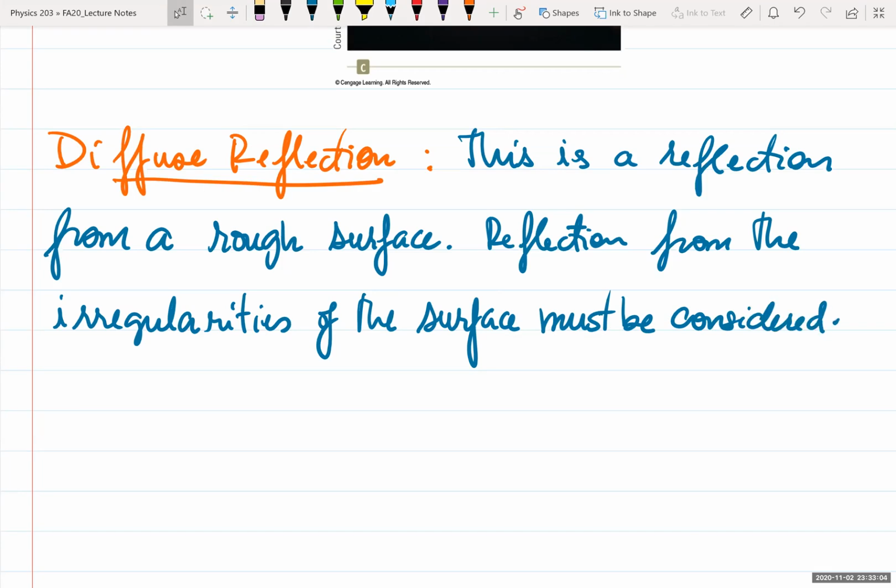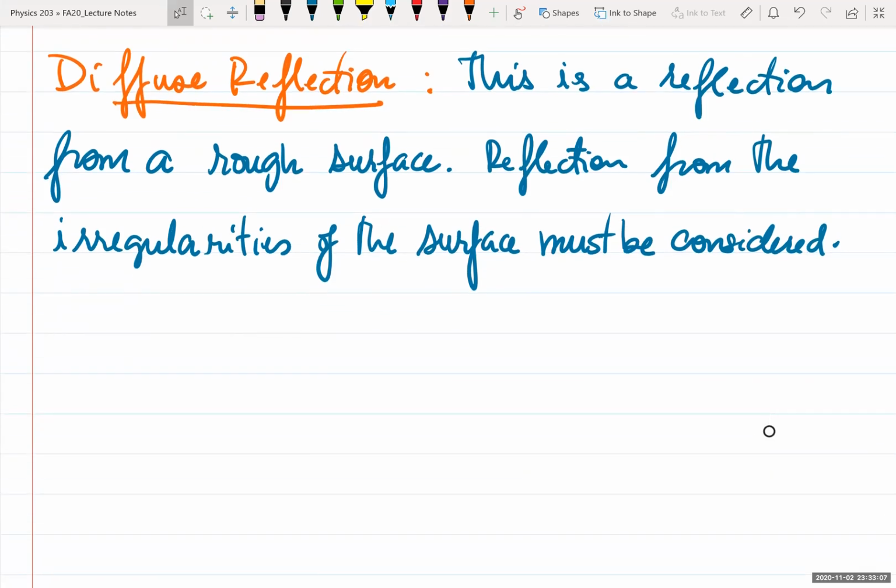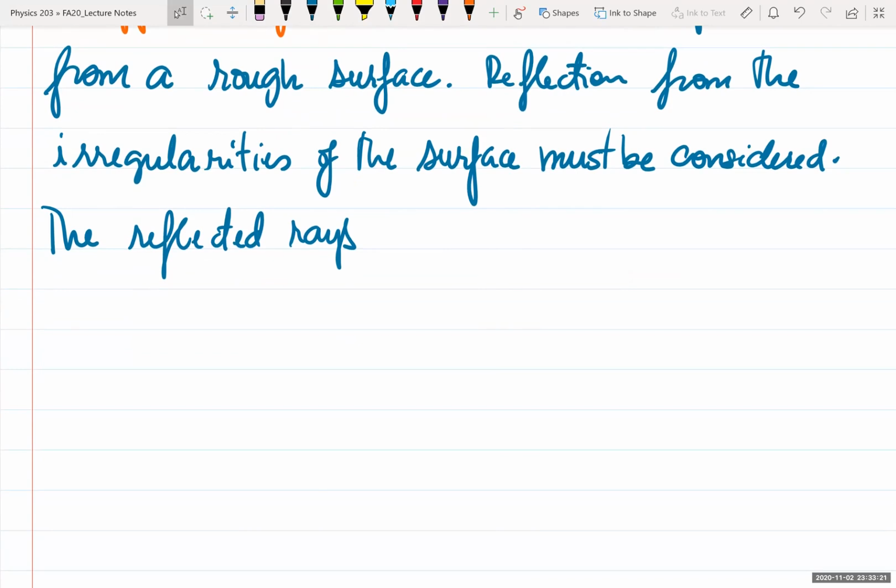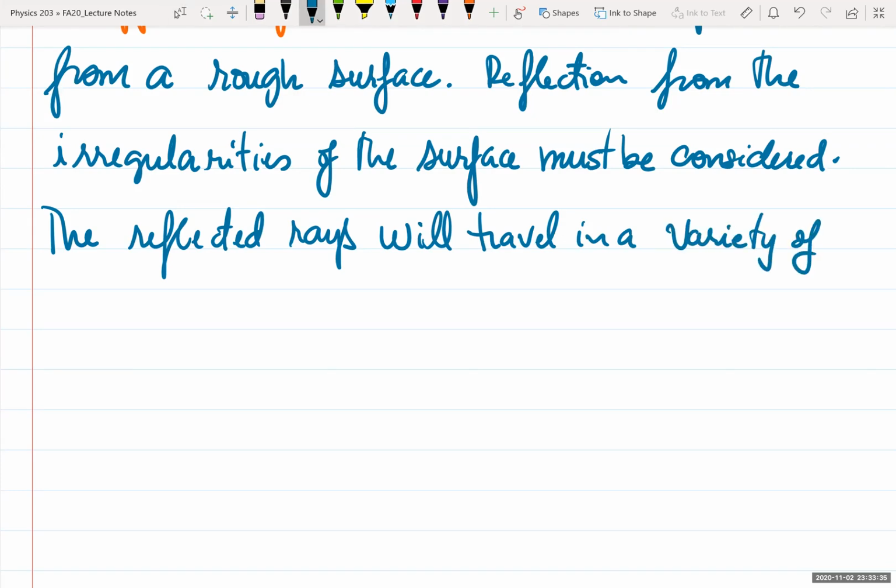The reflected rays will travel in a variety of directions.